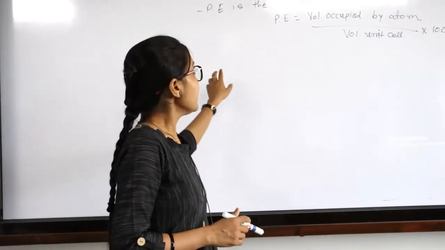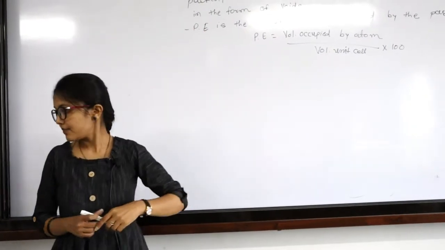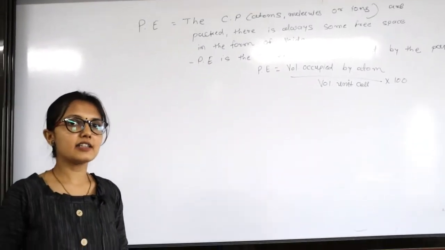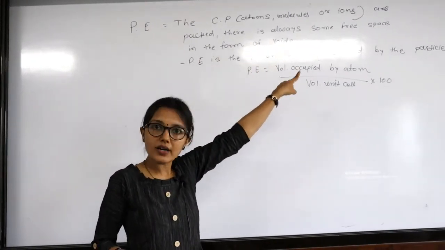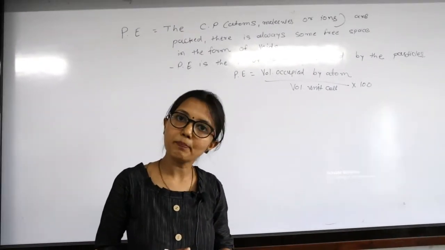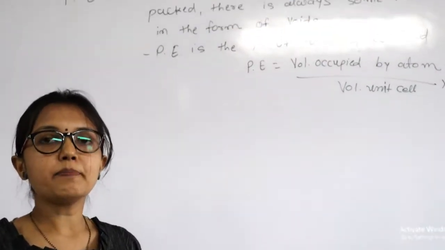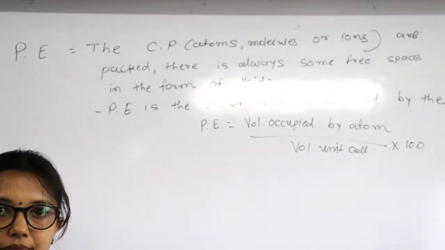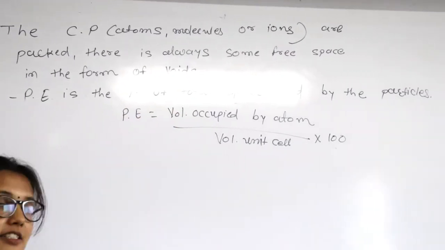The constituent particles, atoms, molecules or ions. C.P. indicates constituent particles, and there are a total of 3 types: atoms, molecules and ions.